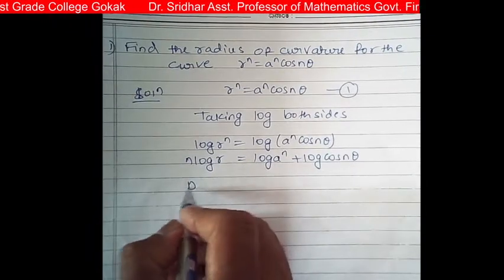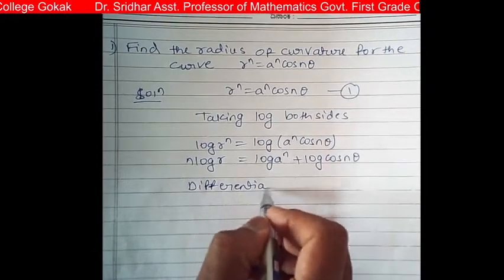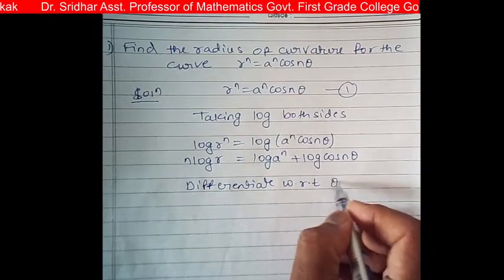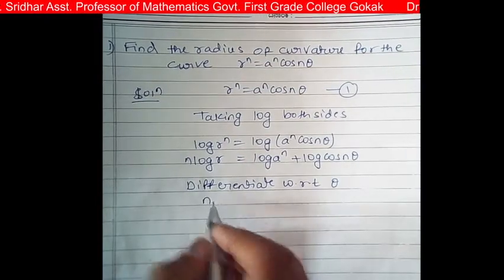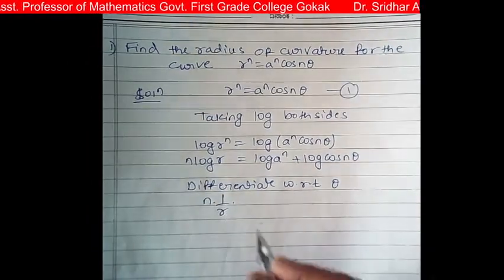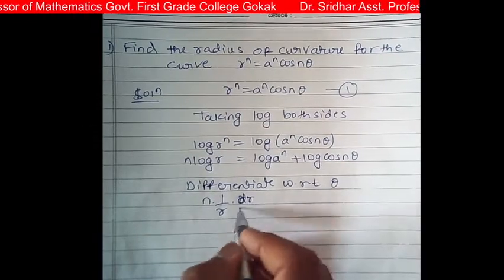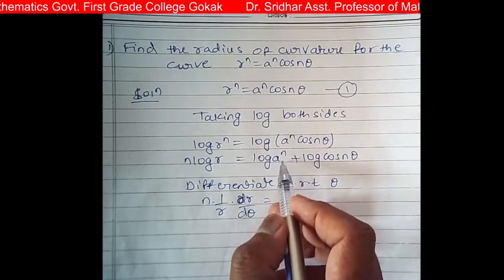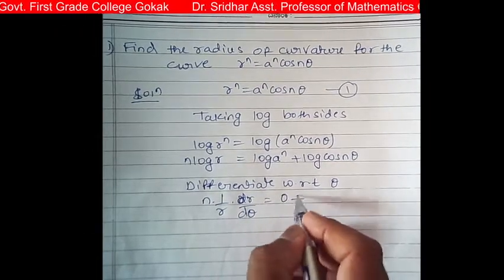So now we differentiate with respect to theta. So we get n is constant, differentiation of log r is 1 by r, and then differentiation of r again, dr by d theta, which is equal to, now here a is constant, so log a is also constant, differentiation of log a is 0.